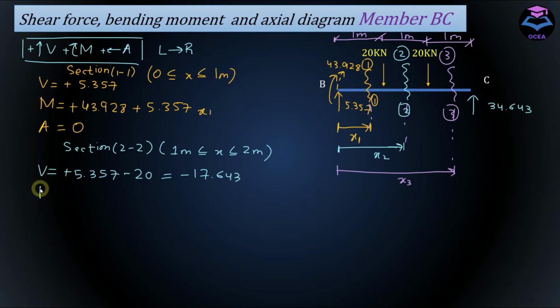And the moment equation for section 2-2 is equal to, we have this 5.357 with a perpendicular arm with respect to section 2-2 equal to x2.